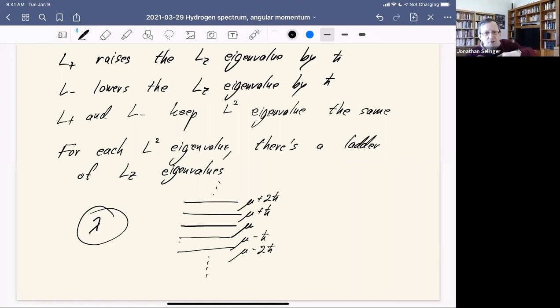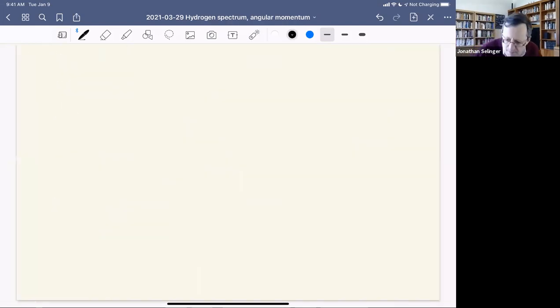There's a ground state, a lowest possible energy state, but there's no highest state. It just keeps going up and up. But in this case, it's different. In this case, there is both a top and a bottom.